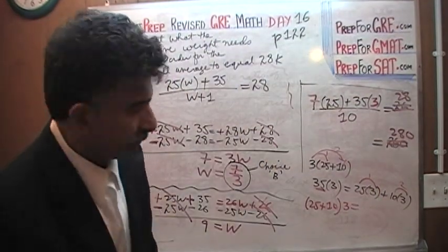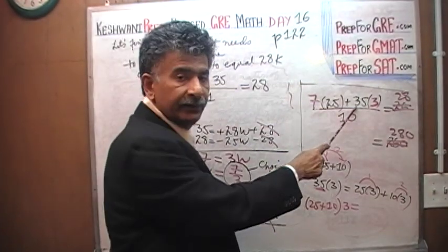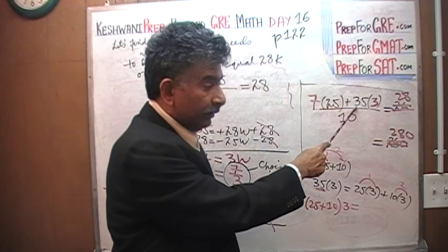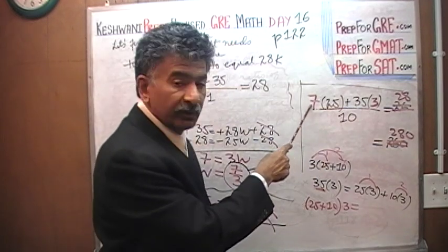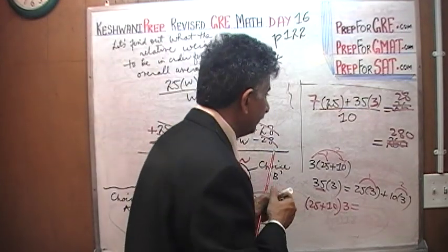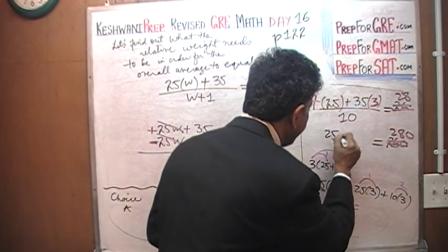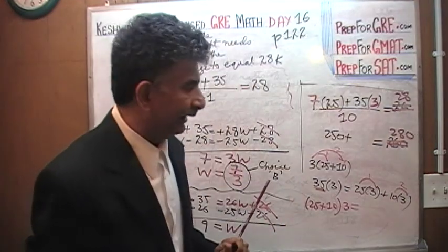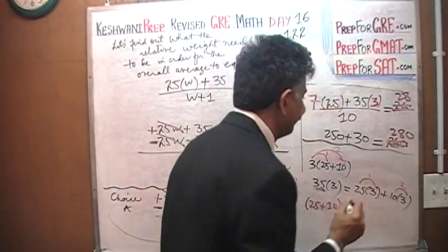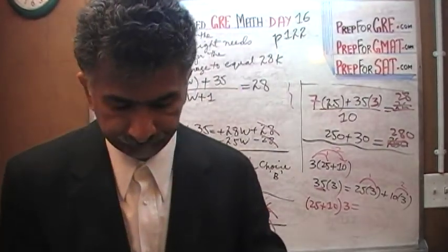So 3 times 35 is the same as 3 25s and 3 10s. 3 25s and 7 25s will make 10 25s, which is 250. Plus 3 10s will make 30. What do you know? Voila! It does work. It does work. That's it.